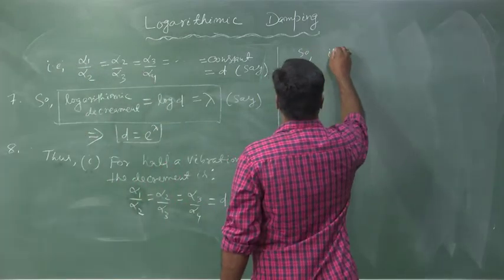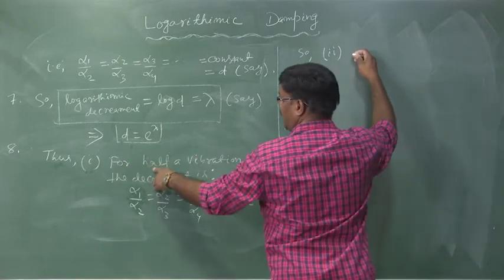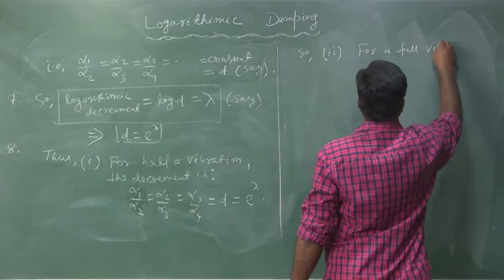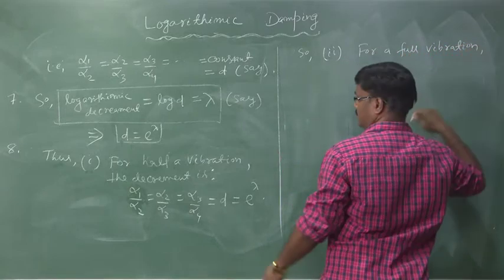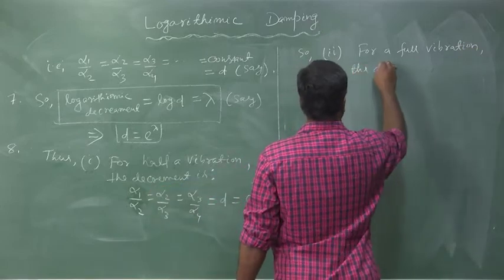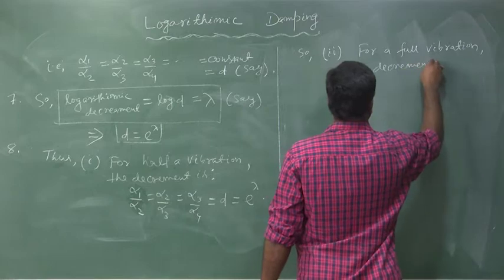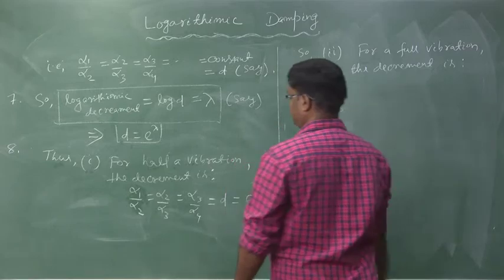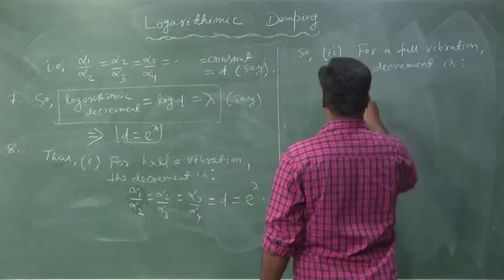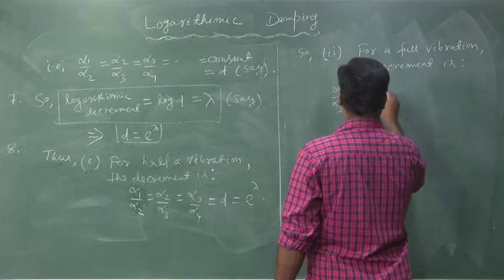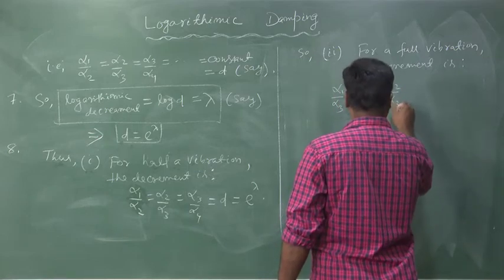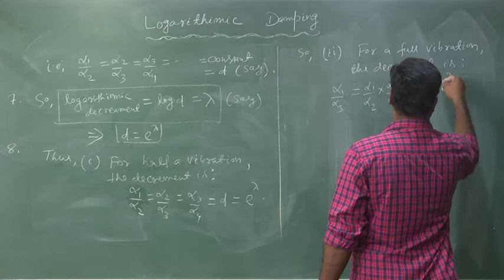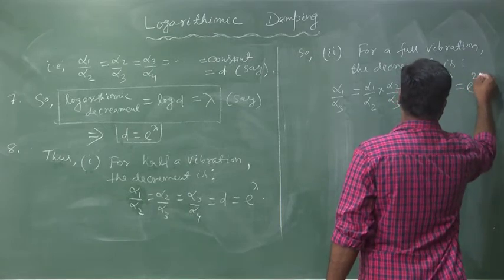So, for a full vibration, the decrement is alpha 1 by alpha 3, which can be written as alpha 1 by alpha 2 into alpha 2 by alpha 3. So, it is e to the power lambda into e to the power lambda, which is equal to e to the power 2 lambda.